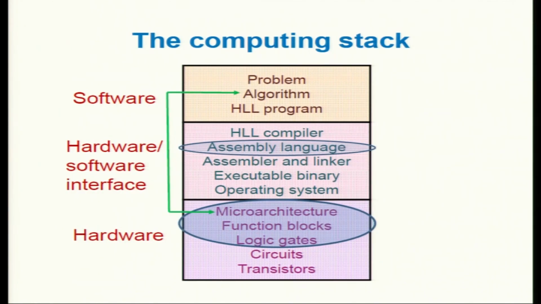Just the way we implement algorithms in high-level language programs, similarly, every algorithm describes also a microarchitecture, because every algorithm can be also implemented in hardware. So there is no difference as such between microarchitecture and an algorithm. It's just a one-to-one correspondence. And then the microarchitecture gets implemented in function blocks like adders, subtractors, multipliers, encoders, multiplexers, and so on, which further gets transferred to logic gates, and then those are taken to circuits and transistors.